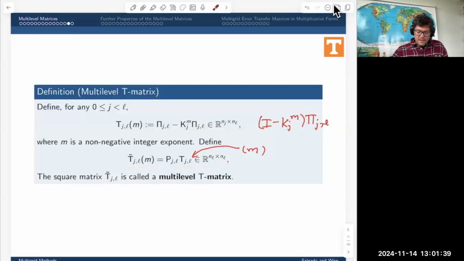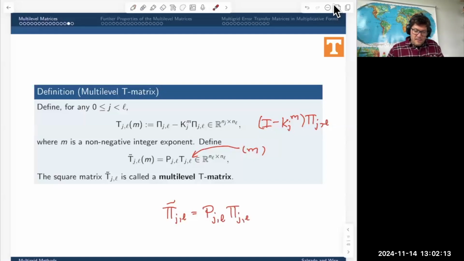Like some of the notation I've used previously, when I square something up, I introduce a tilde symbol. The way we do that most often, or at least for the two cases I'm aware of, is we multiply by a prolongation matrix. The same thing happened when we defined this pi tilde matrix. We define that as PJL times pi JL.